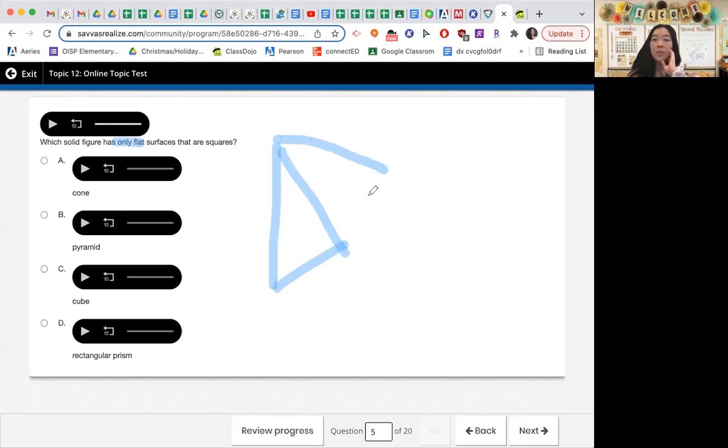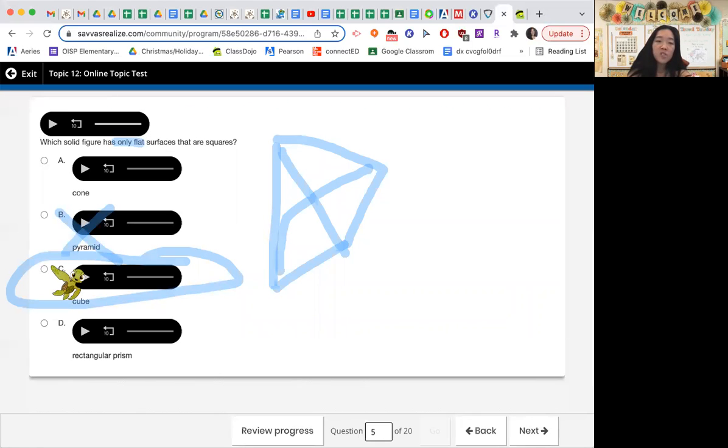A pyramid would have not only the square on the bottom, but it also has triangles, so it can't be a pyramid. Which of those only has squares as its flat surfaces? Russell? Cube. A cube, very good.